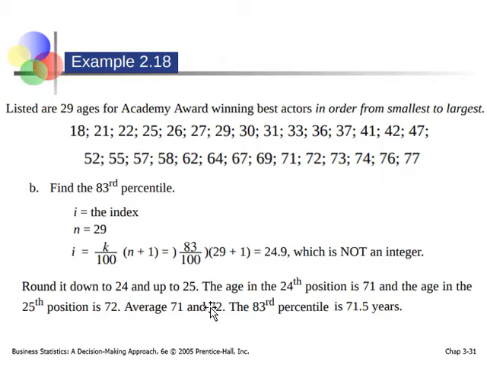So the 83rd percentile is the average of 71 and 72, which is 71.5.